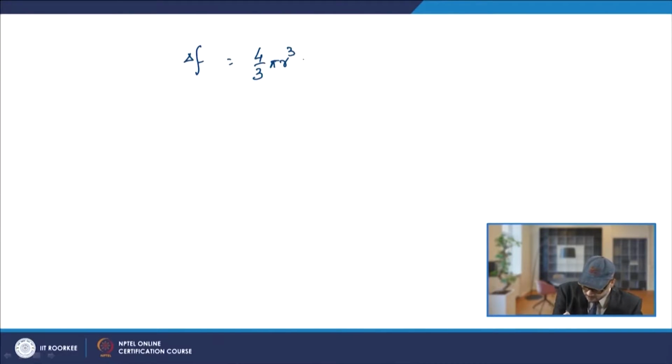For a homogeneous nucleation case, take delta F as the free energy change because of the formation of a new spherical particle. It will be 4 by 3 pi r cube delta G plus 4 pi r square gamma. One will be a negative term, another a positive term. That is your volume free energy, and we know that it has to be negative for the transformation to proceed.